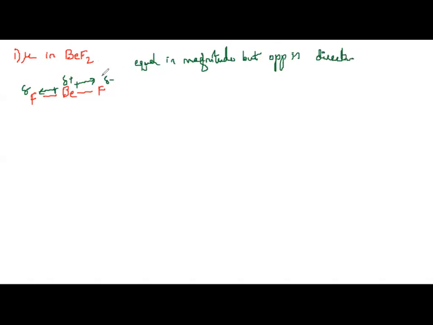Therefore, what will be the net dipole? The net dipole will cancel out. So the net dipole of the BeF2 molecule will be 0, because both the dipoles cancel out. Is that clear? So the net dipole will be 0.